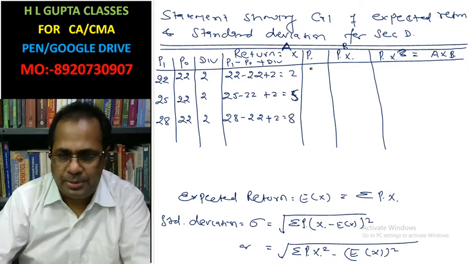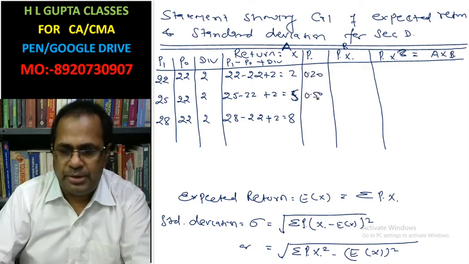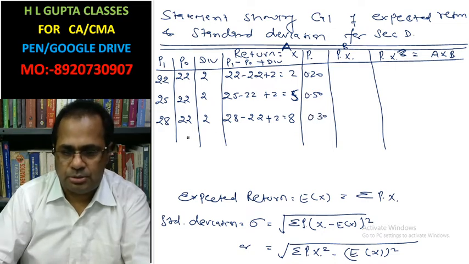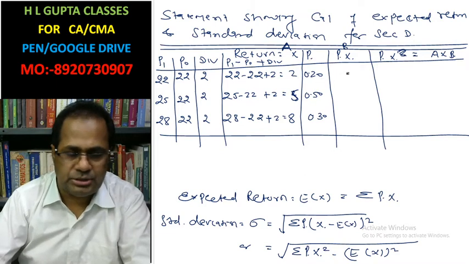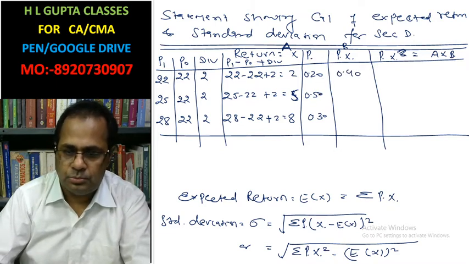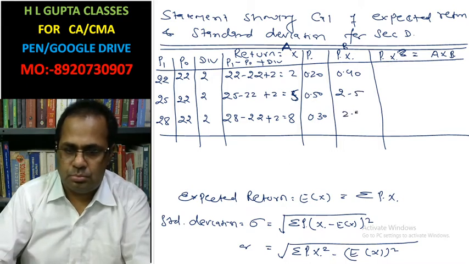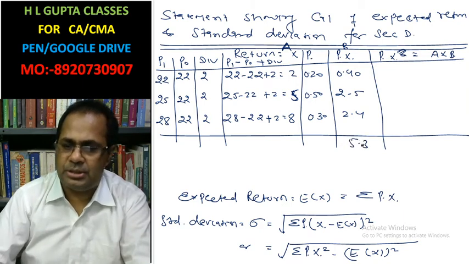The probability of return is 0.20, 0.50, 0.30. Okay, expected return is 0.40, 2.5, 2.4. This is the return 5.3.